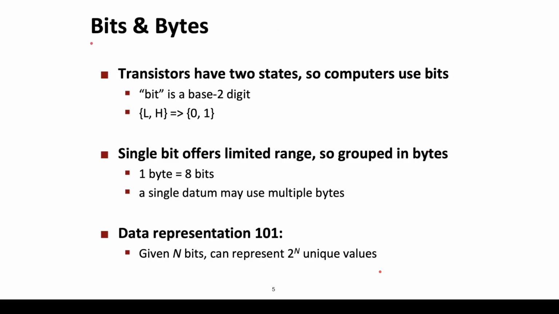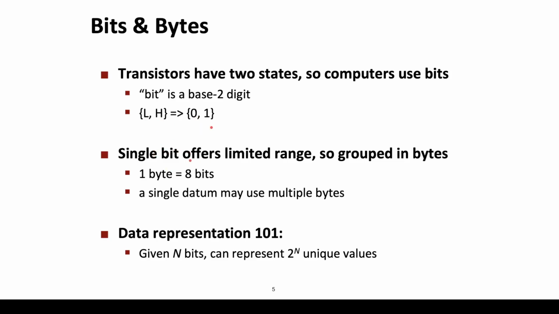Now, if I talk about bits and bytes, as we already observed, transistors can have two distinct states, so computers use bits, right? Bit is the short form of binary digit. Generally, the low voltage is associated with logic 0 and the high voltage is associated with logic 1.